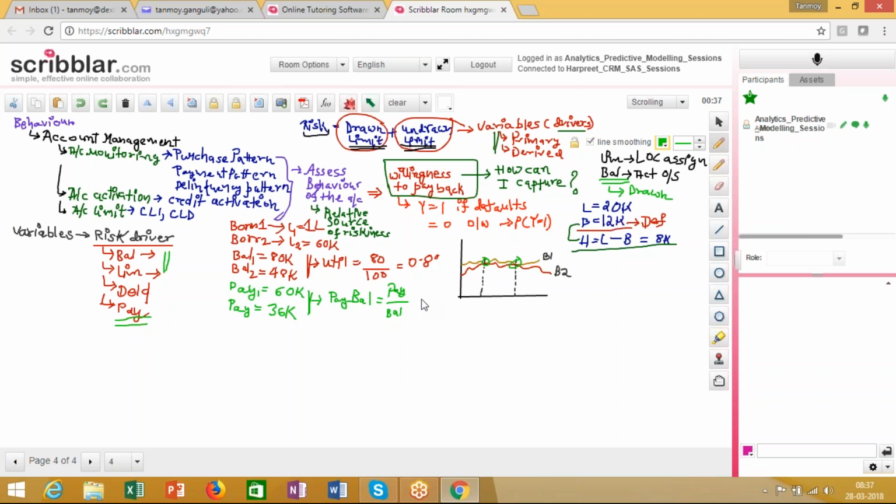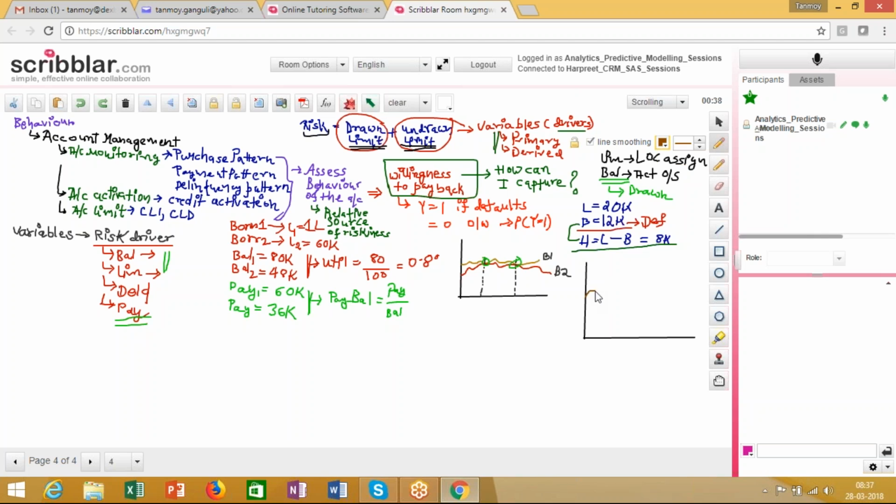There is balance and there are payments. Now what I do is I draw another graph. Now this payment balance ratio can be charted out on a month on month basis. So let's take this for borrower one, right?